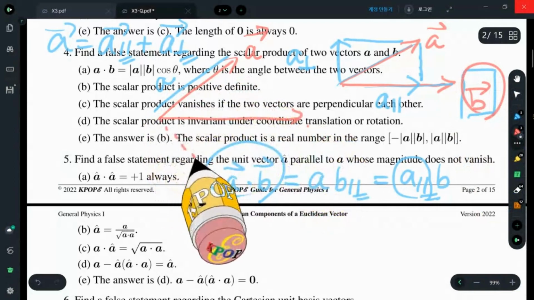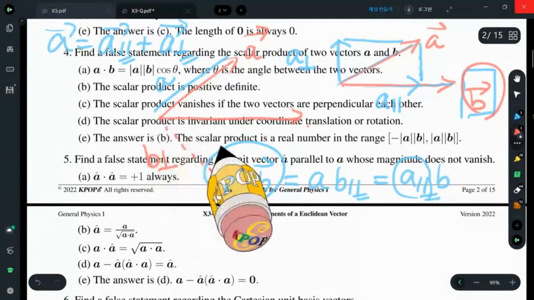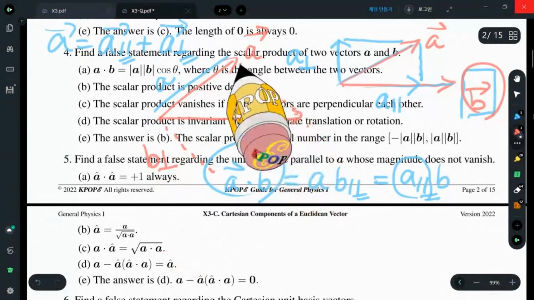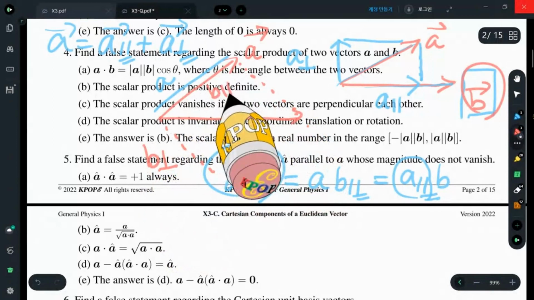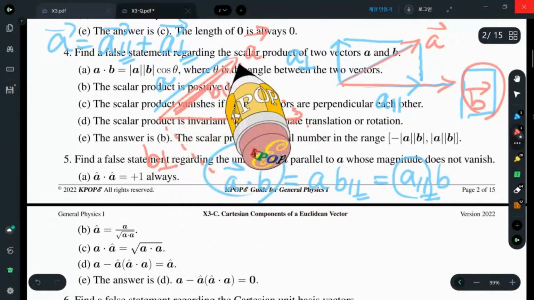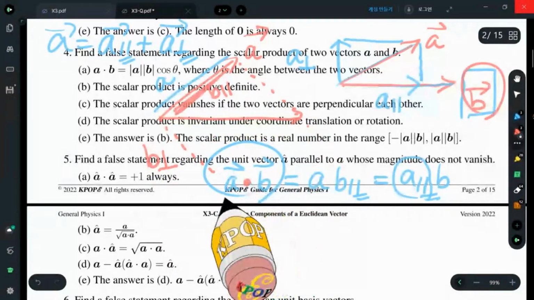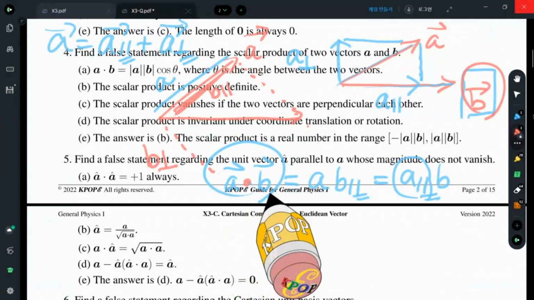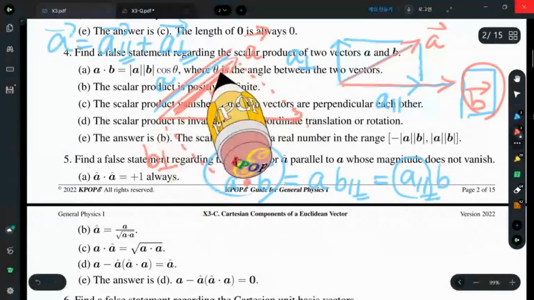B has a component perpendicular to A, and B has a component parallel to A. Understood? So the scalar product is just collecting the product of the two vectors along the same direction, the product of parallel components.